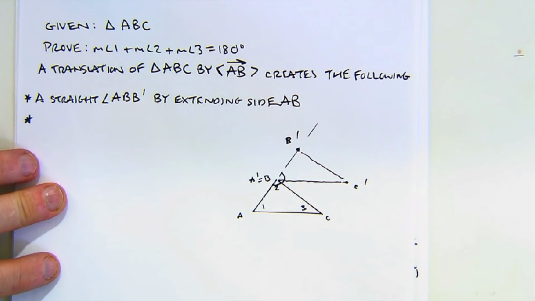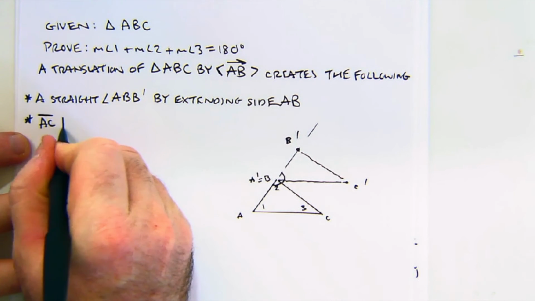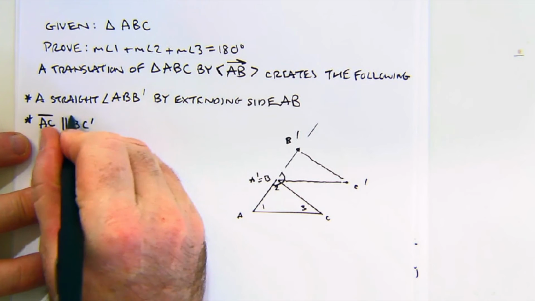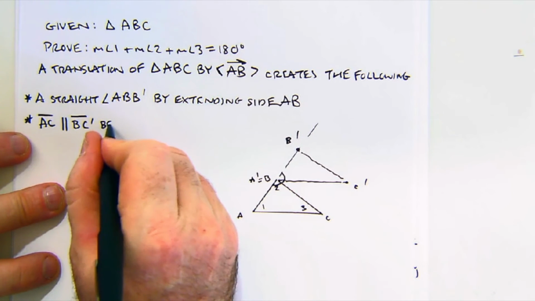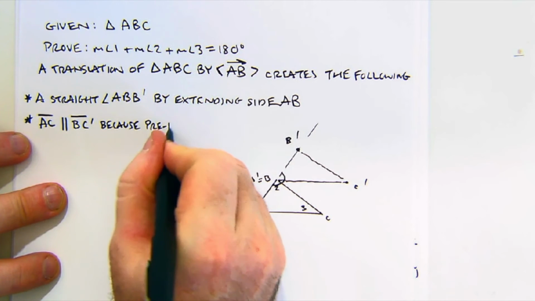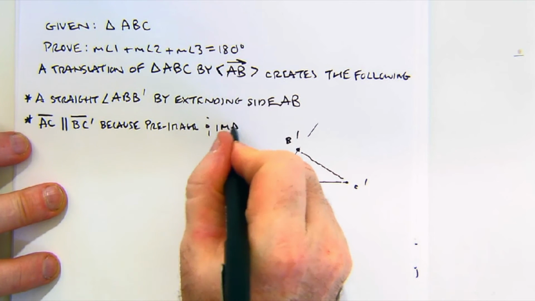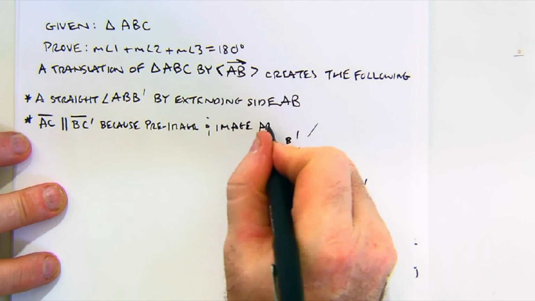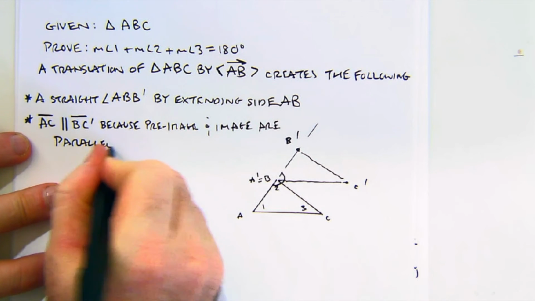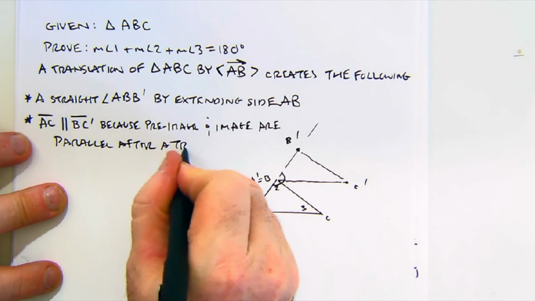The next thing it also creates is AC is parallel to BC prime because pre-image and image are parallel after translation, part of its definition.